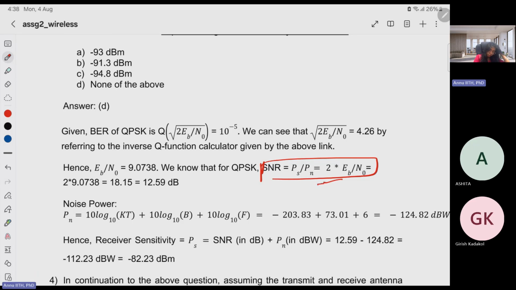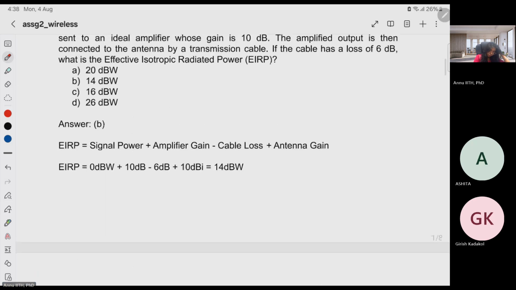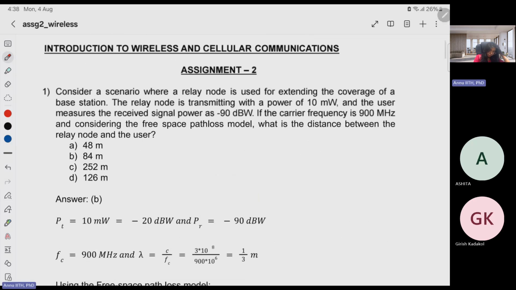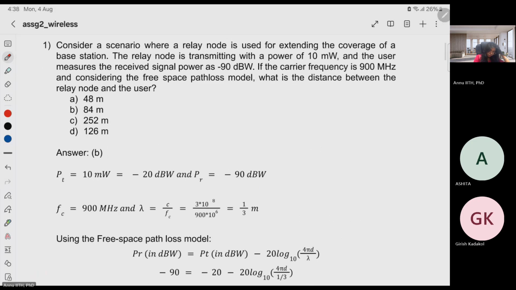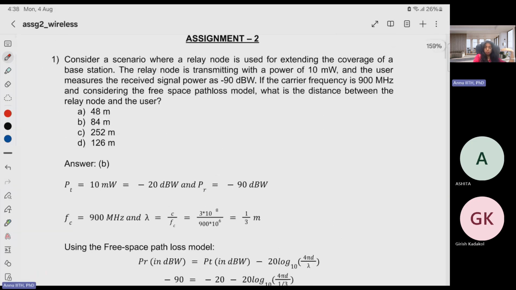This is what SNR is. We have already solved these questions. You can just go through this.